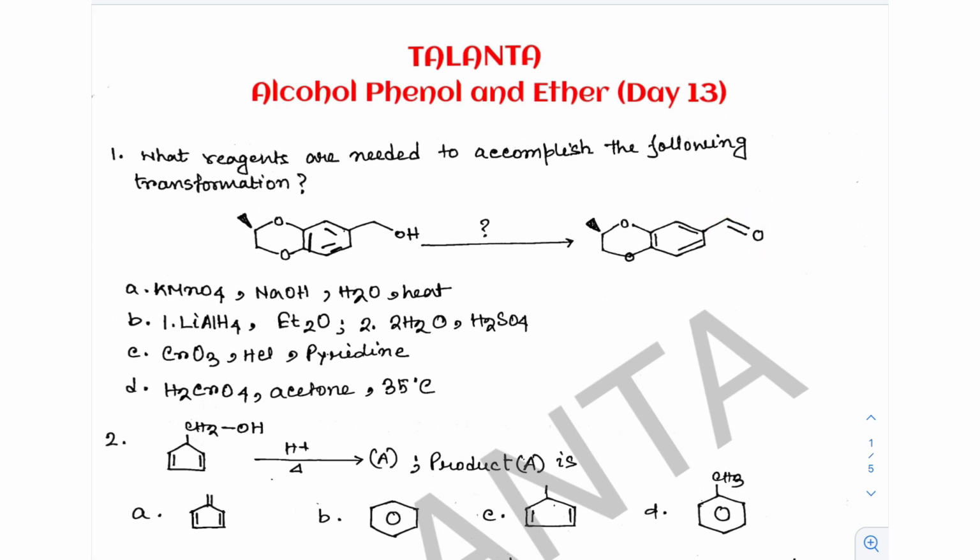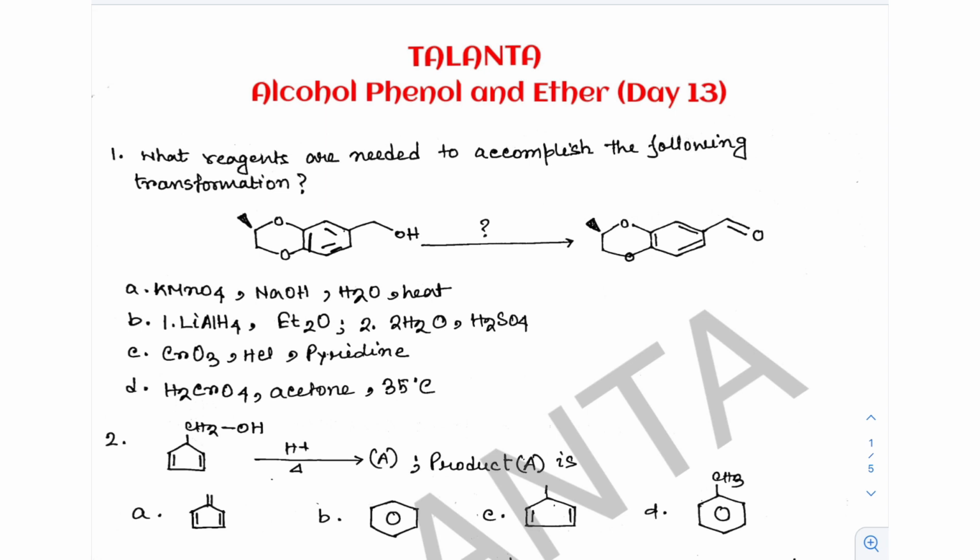But the other things like these two ethereal groups are remaining intact. The methyl above the plane is remaining intact. The benzene ring is remaining intact. All those stuffs are remaining intact. Only CH2OH is being transformed to CHO.